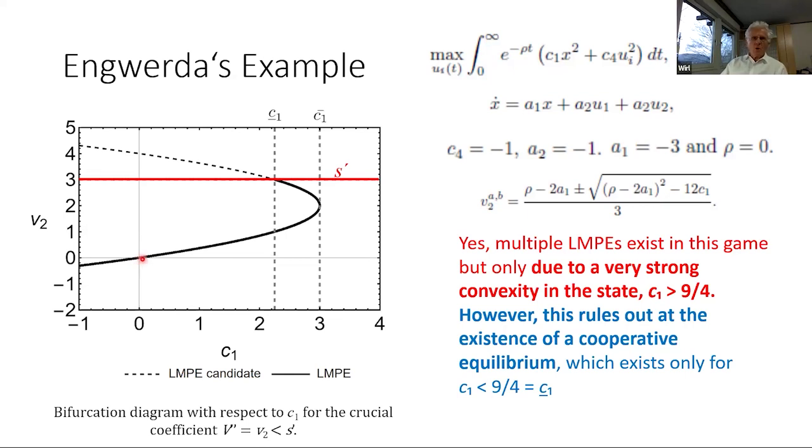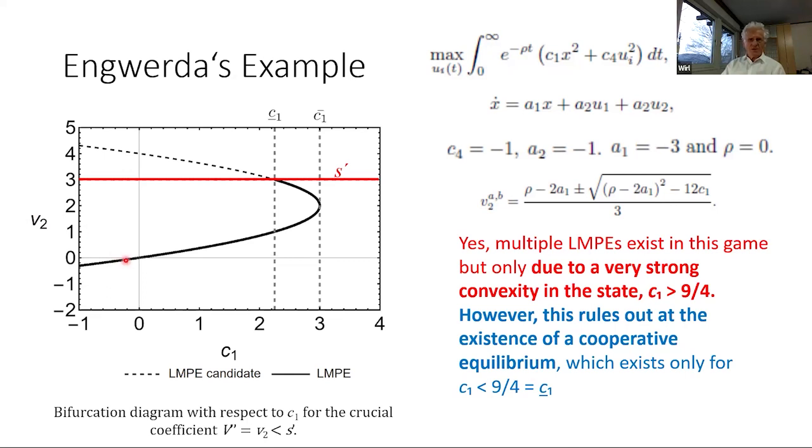So recall, a candidate for a linear Markov perfect equilibrium must be such that the value V2, which is the coefficient of the second order term in the value function, must be less than the slope of the steady state line, which is here constant to 3. Okay, so you get immediately two solutions, but only one qualifies for an LMPE.